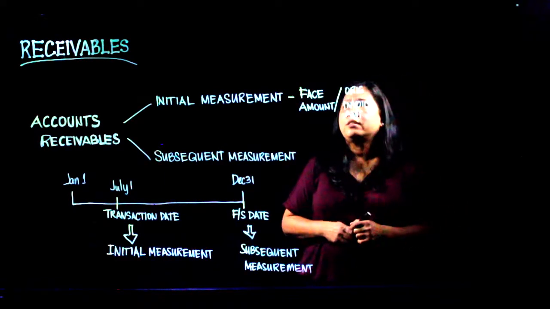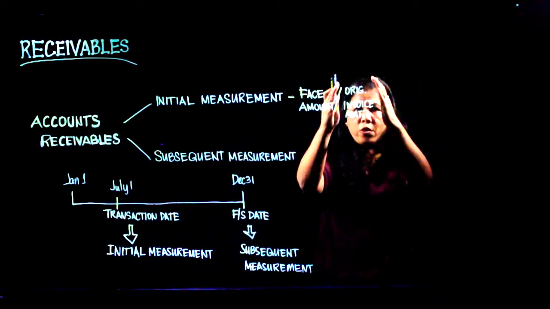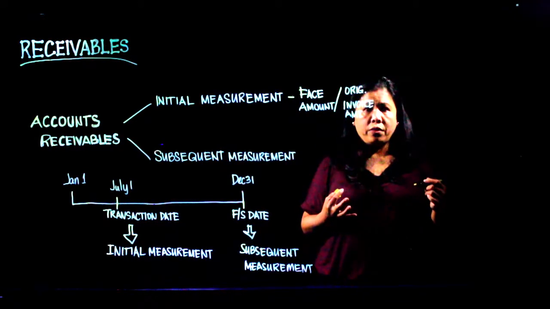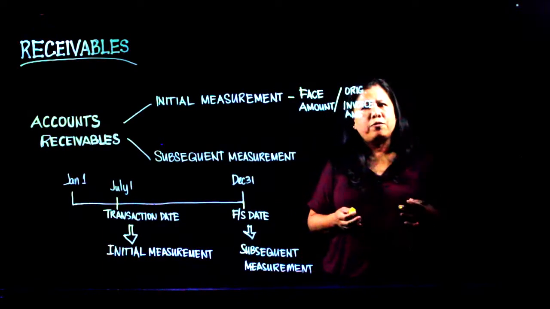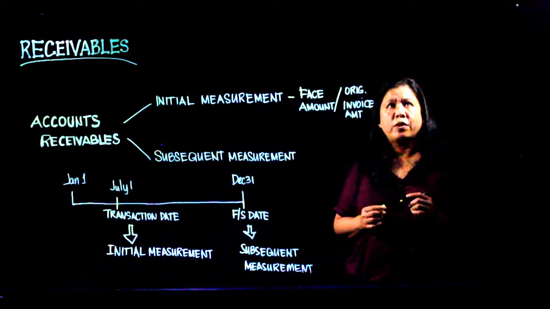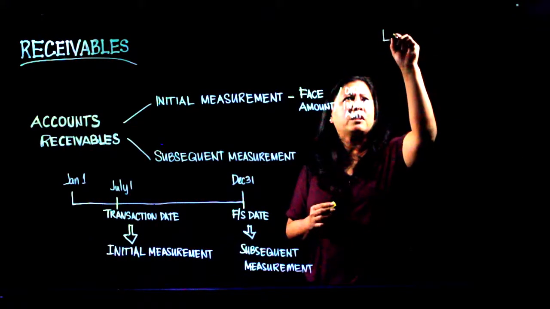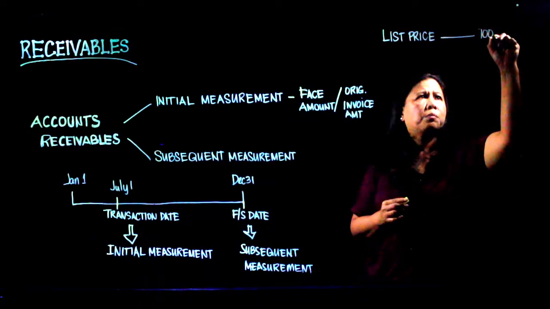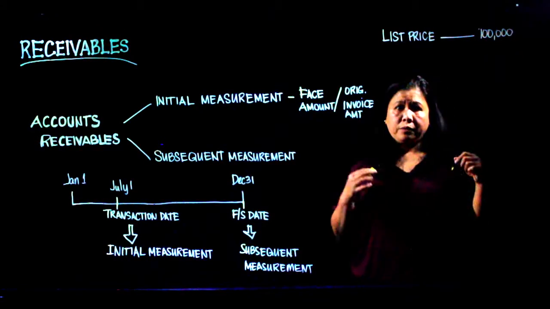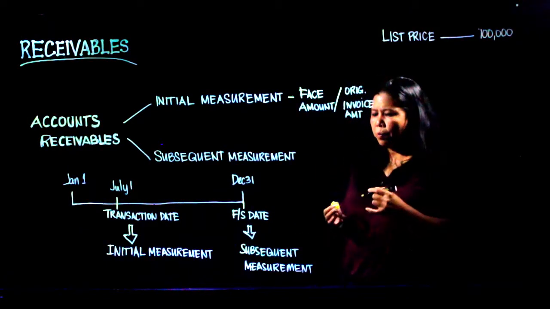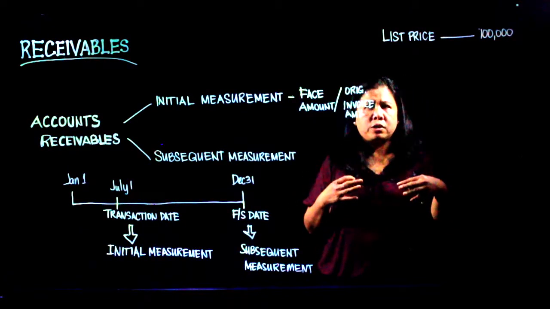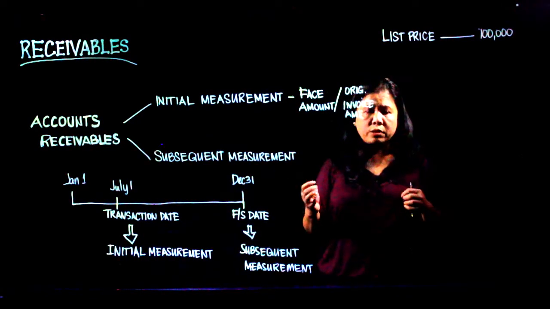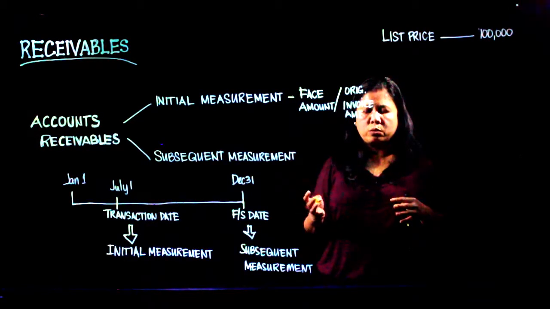So how do we calculate the invoice amount? Let's say, for example, we have a list price of 100,000. Now, the company offers two trade discounts. Let's say the company offers 10% on the first discount and 15% on the second discount.